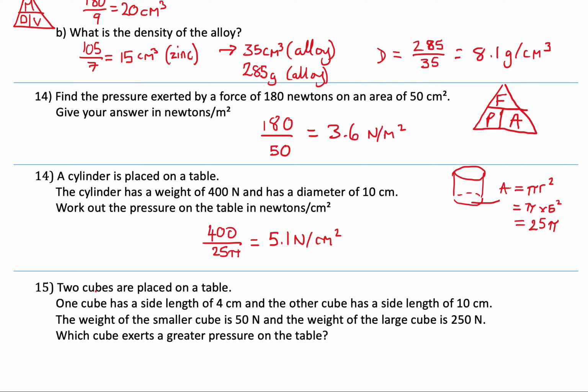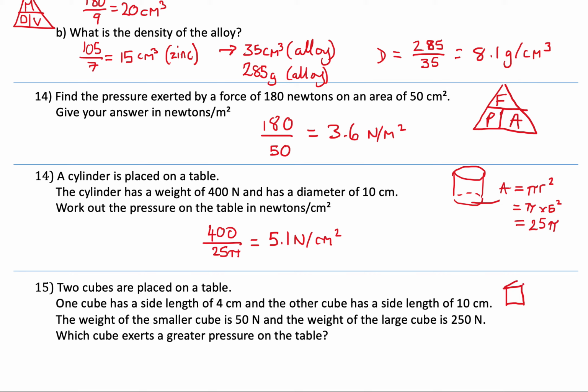Final question, 2 cubes are placed on a table. One cube has a side length of 4 centimeters and the other has a side length of 10. The weight of the smaller cube is 50 newtons and the weight of the large cube is 250 newtons. Which cube exerts a greater pressure on the table? So just to give you a sketch of what's going on here.